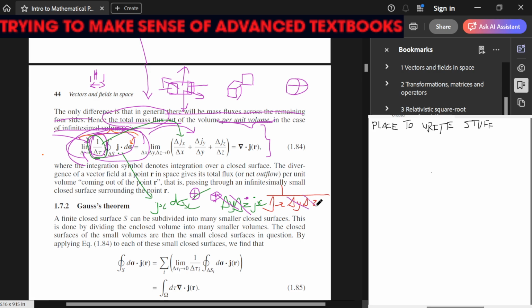This crosses off with this, so we're left with jx over delta x. And then repeat that for jy d sigma y and jz d sigma z. And you'll get this. And oh, would you look at that? The components of this align with this.